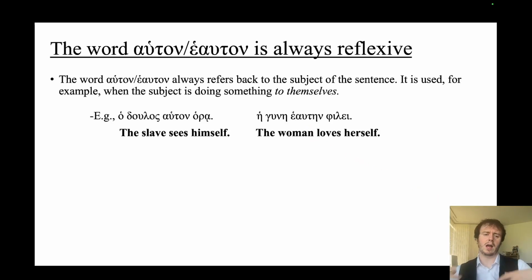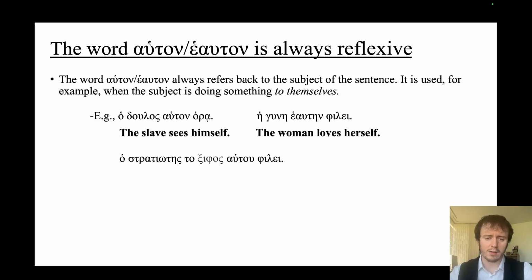Now this word ἑαυτον can also be used in the genitive or the dative. So if we look at a genitive example, this says ὁ στρατιώτης τὸ ξίφος ἑαυτοῦ φιλεῖ. The soldier, in the nominative, loves or likes τὸ ξίφος, the sword, ἑαυτοῦ. Now we know this must be meaning himself because the soldier is the subject and also this is masculine genitive singular.